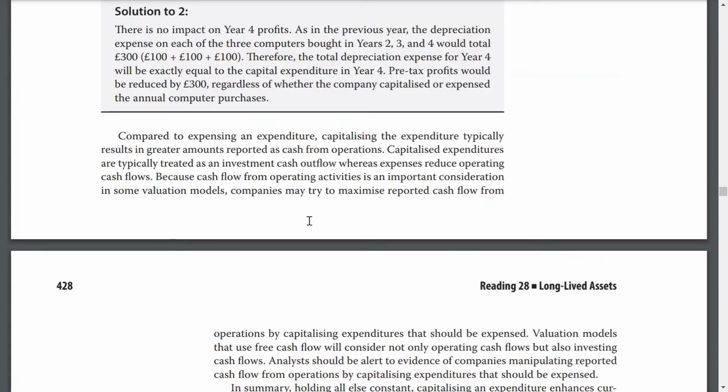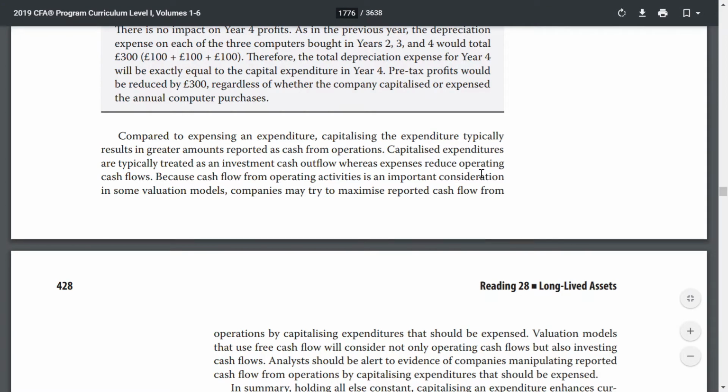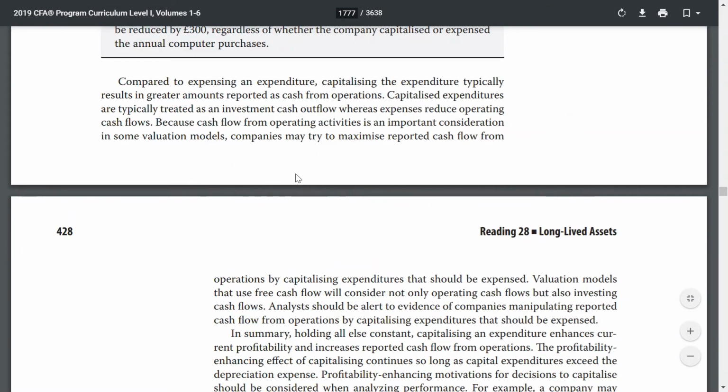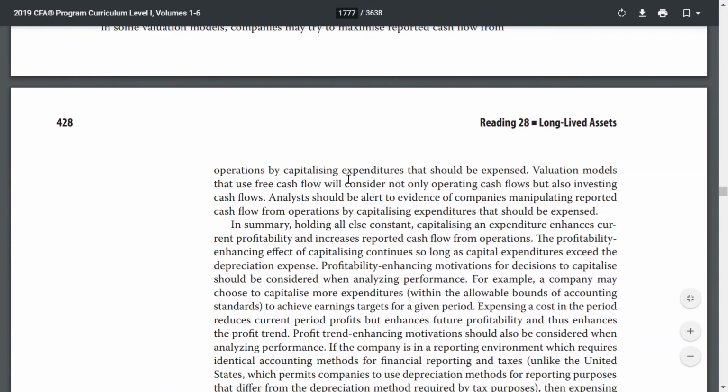Compared to expensing an expenditure, capitalizing the expenditure typically results in greater reported cash flow from operations. Capitalized expenditures are typically treated as an investing cash flow, whereas expenses reduce operating cash flows. Cash flow from operating activities is an important consideration in some valuation models. Companies may try to maximize reported cash flows from operations by capitalizing expenditures that should be expensed.